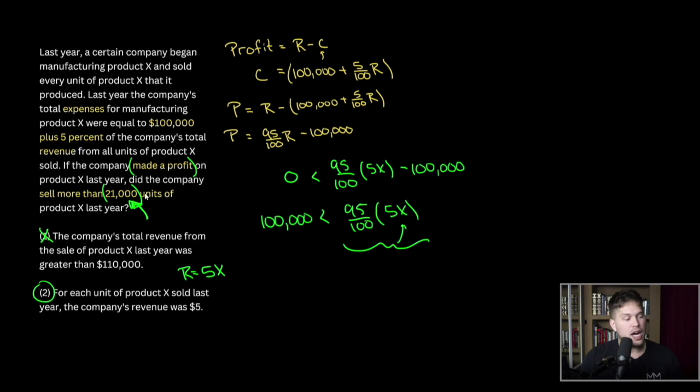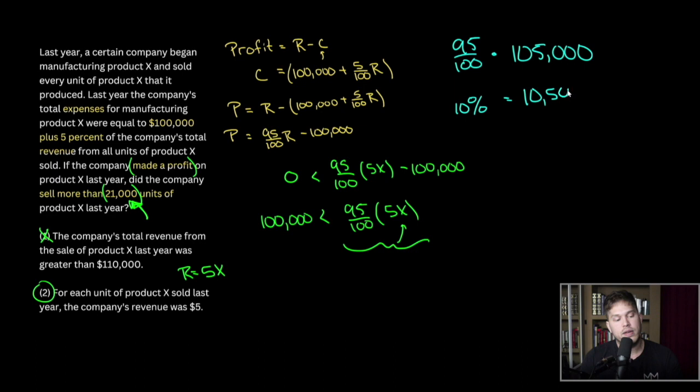So 5 times 21,000 is 105,000. And we want to know what 95% of this is. Well, I know 10% would be 10,500, which tells me 5% is 5,250.